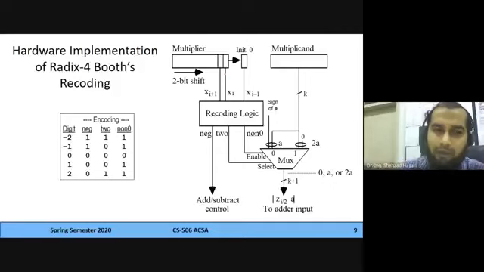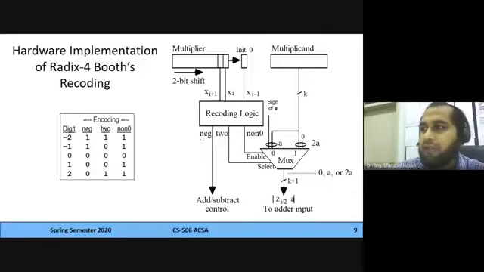When you're talking about hardware, obviously you cannot have minus 2 and minus 1s over there, so you need to think about a different logic. What you do is you look at 3 bits and try to do your operations on the fly, at runtime. You are going to get 3 bits, and you're going to prepare a logic circuit for that, and then it's going to give you different signals.